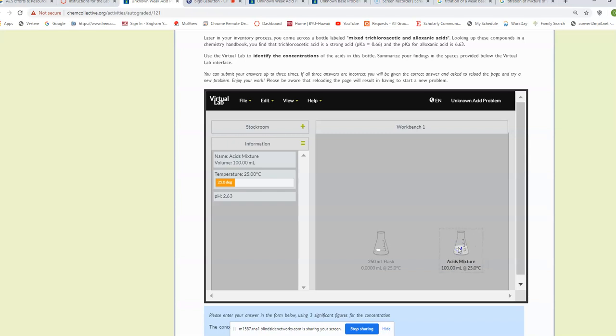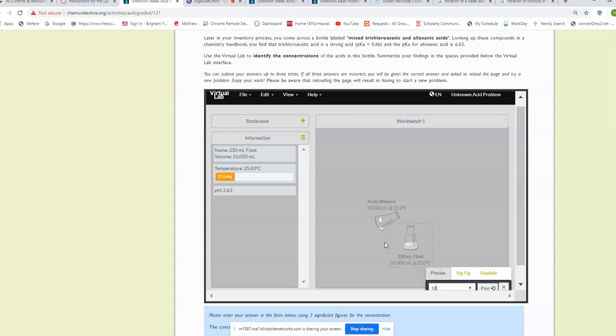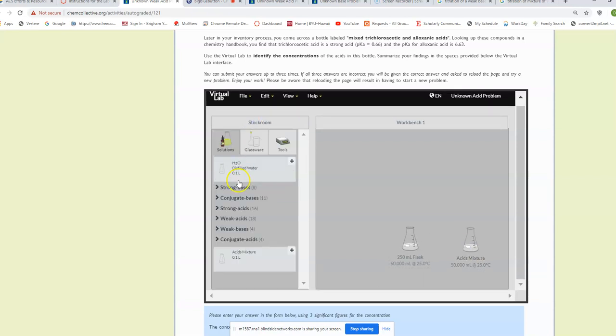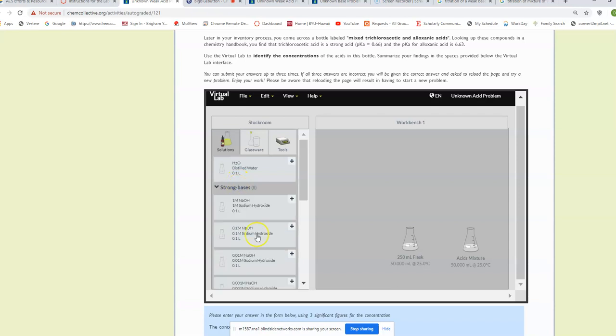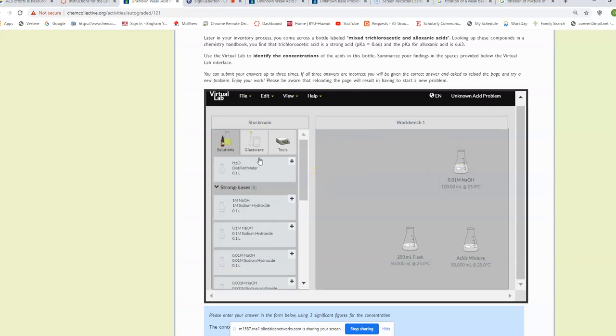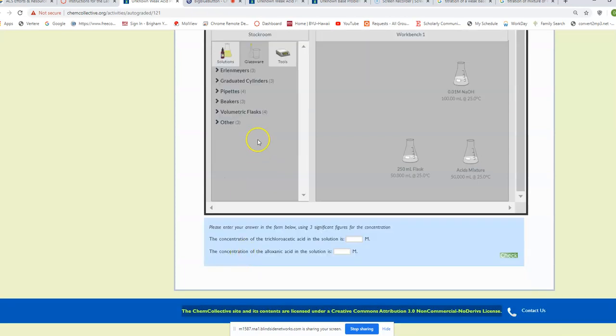So I had 100 mils, and it got there in about 24. So this time I'm only going to add 50 milliliters. That'll probably fix me up good. I can still use the 0.01 molar.